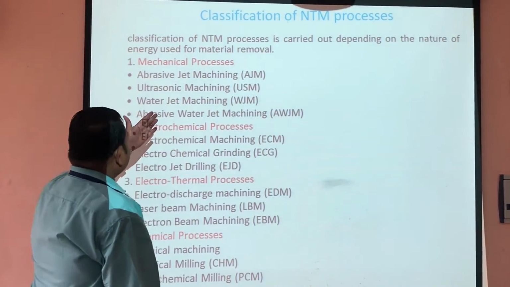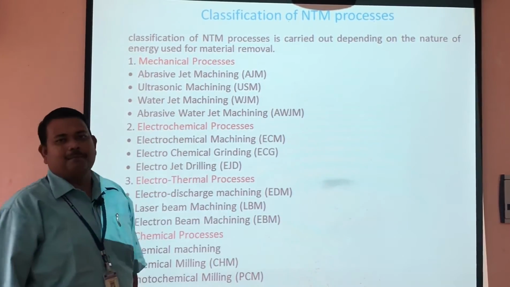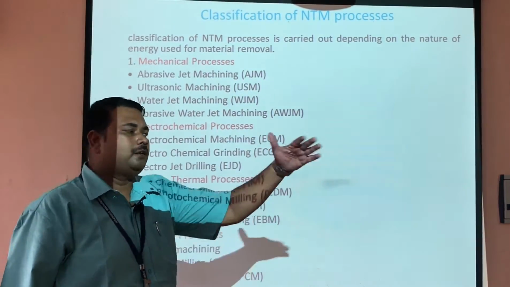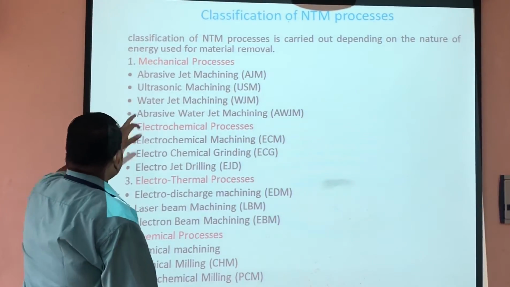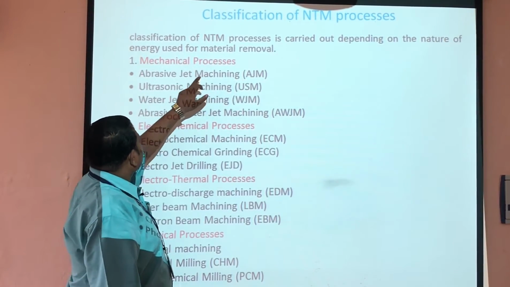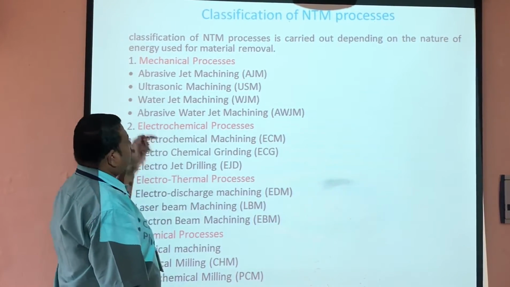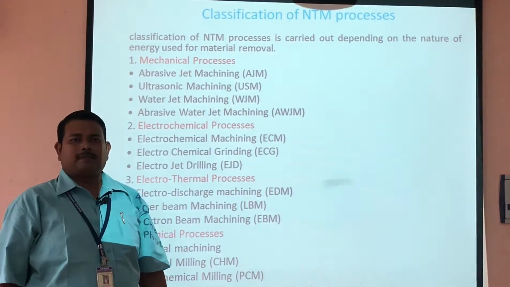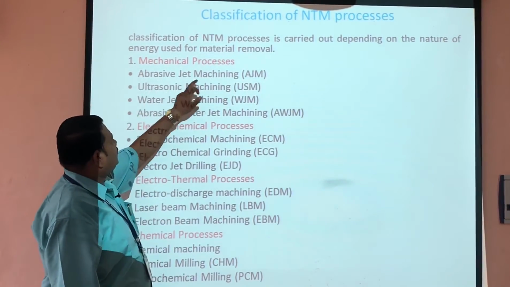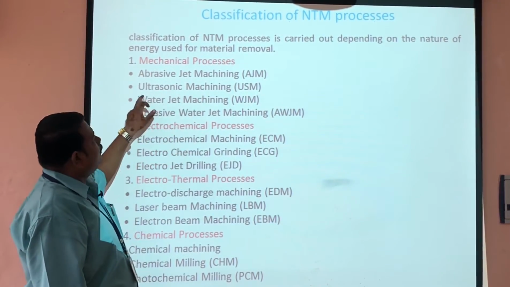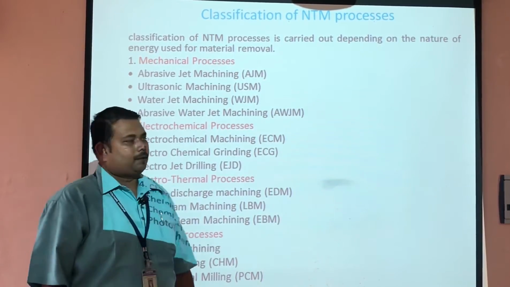So these are the classification of the non-traditional machining process basing upon various energy sources. If we discuss the mechanical process, what are the various non-traditional machining processes there? One is abrasive jet machining, ultrasonic machining, water jet machining, abrasive water jet machining.